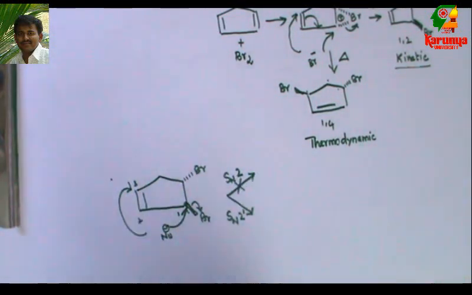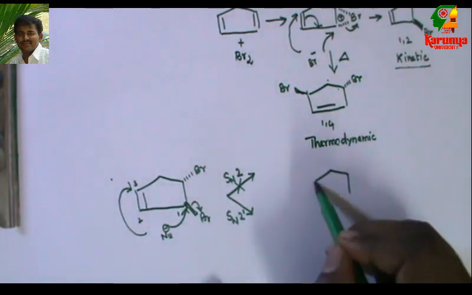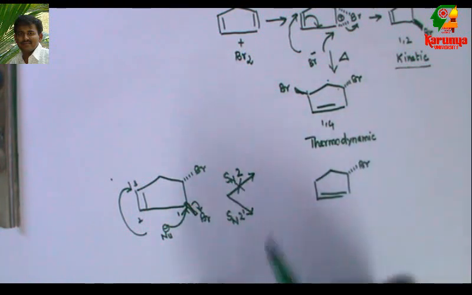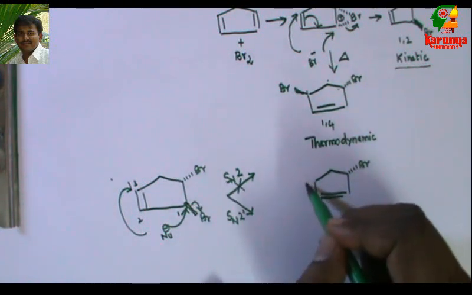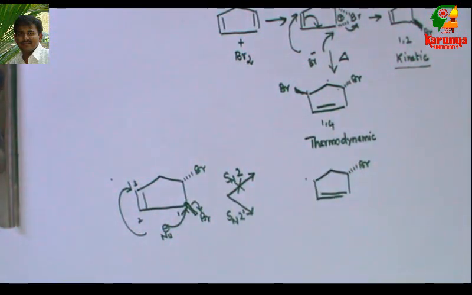In this system, SN2 prime is more preferred. So what we get is a product like this. But what will be the stereochemistry here? Whether it is thin line or thick line.